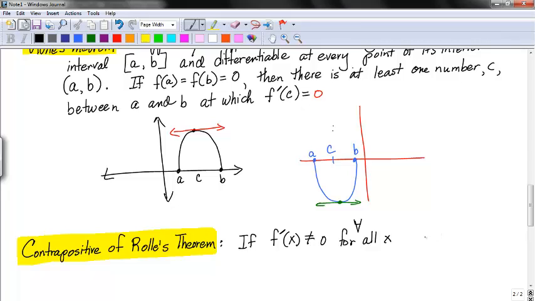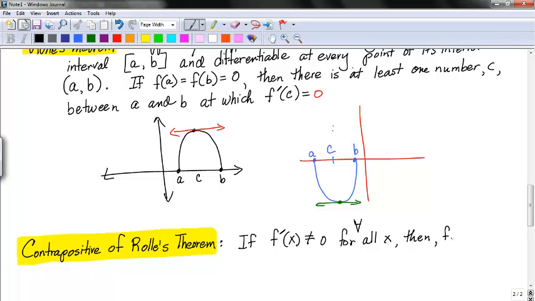Now think about this. If the derivative does not equal 0 for all the x's, that means you're not going to have any max or min points, because you're not going to have any places where the slope of the tangent line is equal to 0.